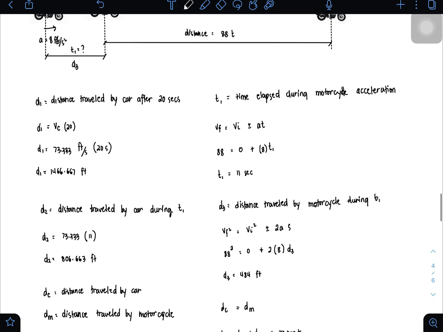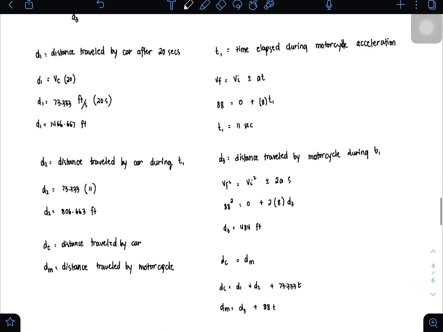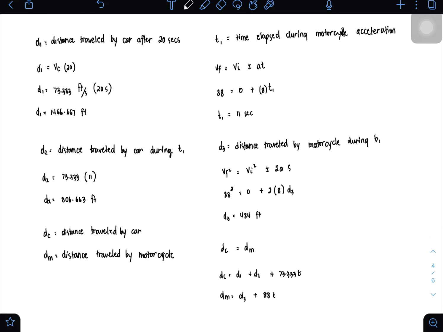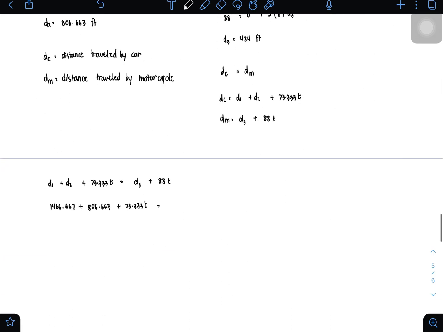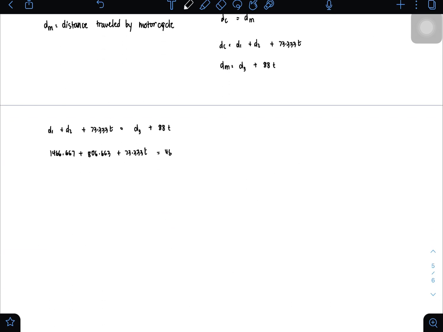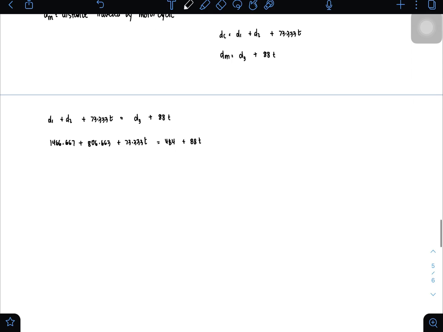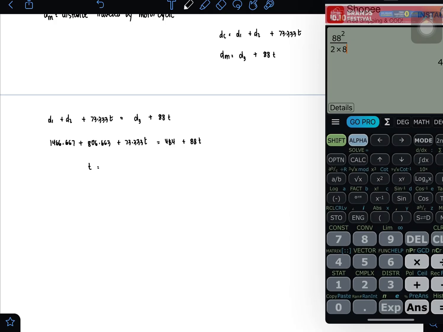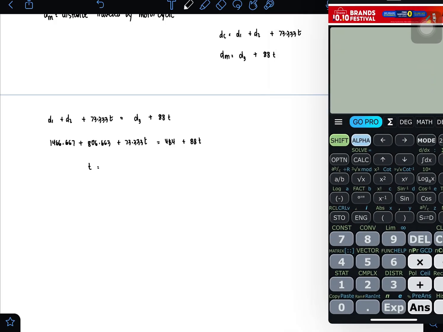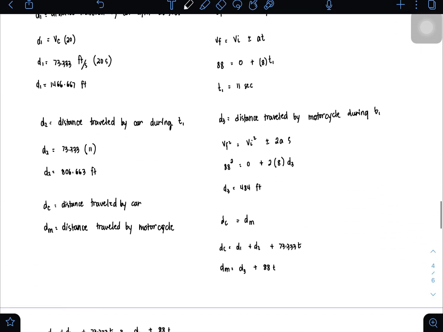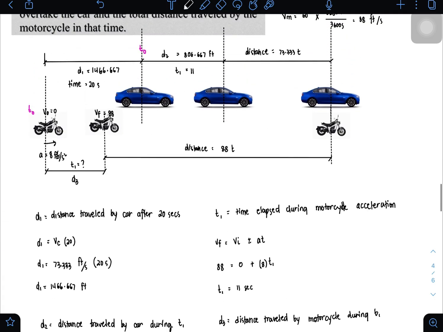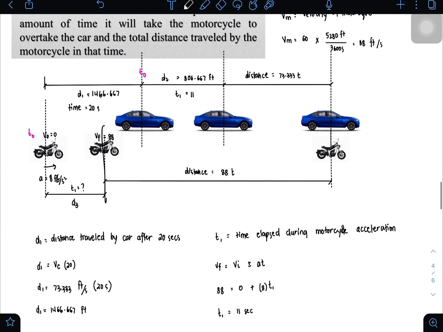How much is D3? Where is D3? 484. 484 plus 88 times the time. So we have here the time, but this is not the time that elapsed. This is the time to overtake, from when the motorcycle reached its maximum velocity.